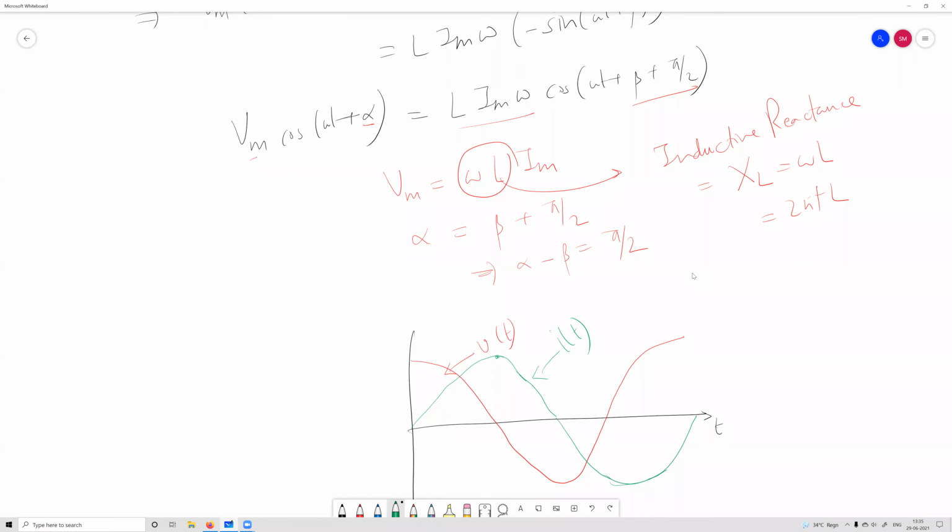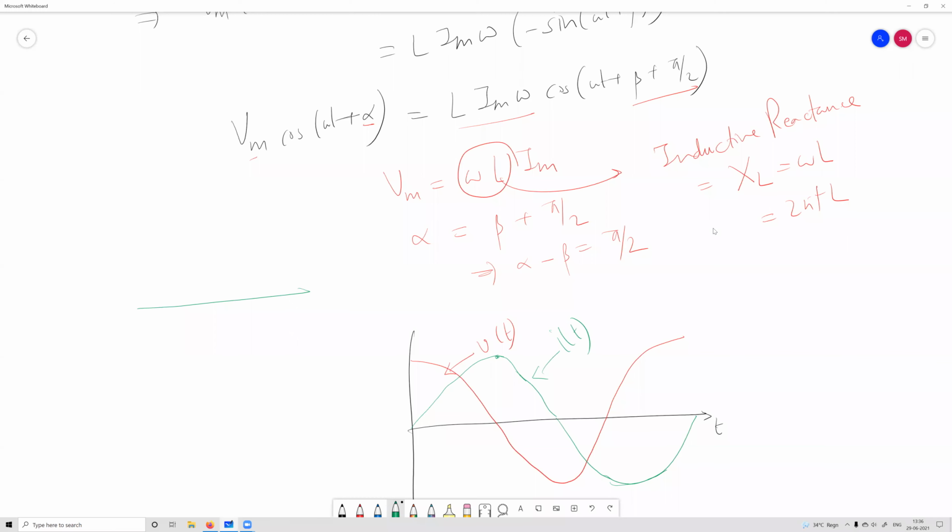This is my It. Right. How will it look in terms of phasors?